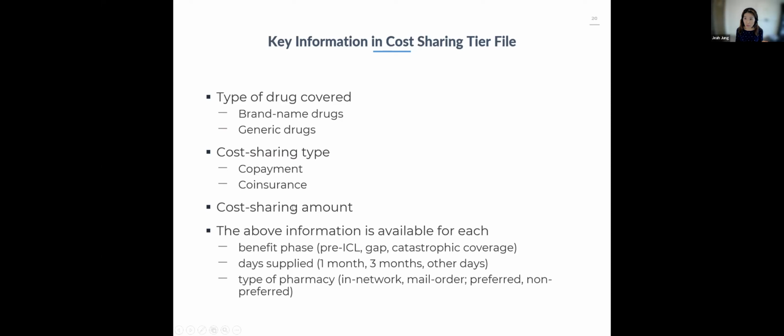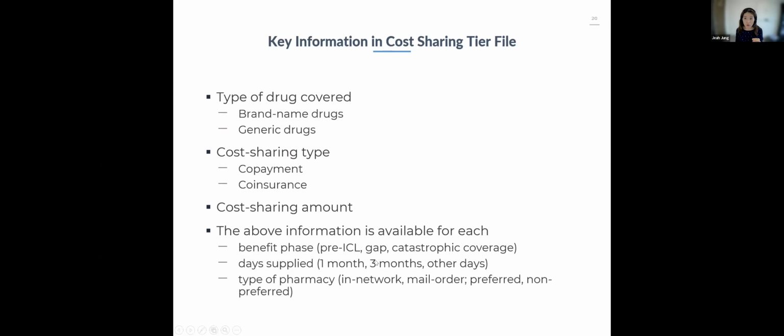For the drug type and cost sharing amount, you can also see this information by benefit phase. They may change the cost sharing type or amount depending on benefit phase. So all this information is available separately for pre-ICL or ICL or gap or catastrophic coverage.